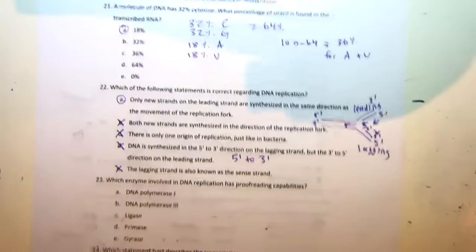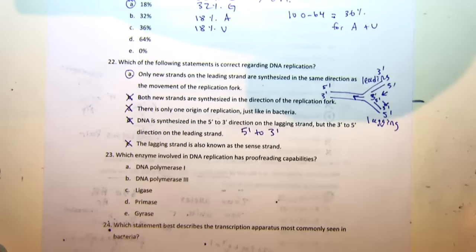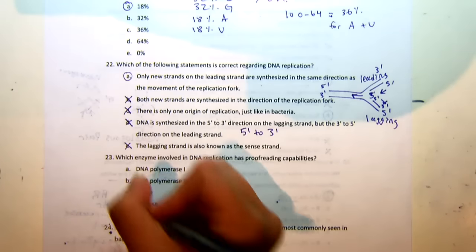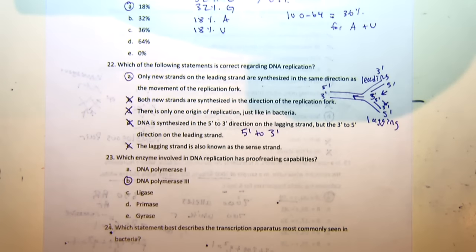All right, back to 23. Which enzyme involved in DNA replication has proofreading capabilities? So, pretty straightforward. This one is going to be B, DNA polymerase 3. DNA polymerase 3 is in charge of actually making the new DNA strands, so it's going to add the nucleotides.